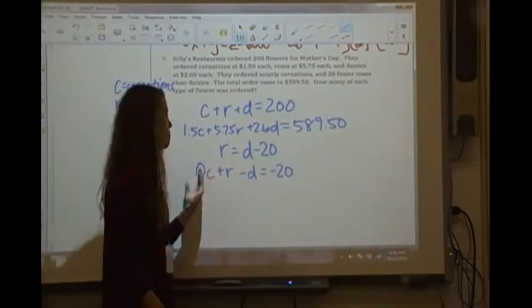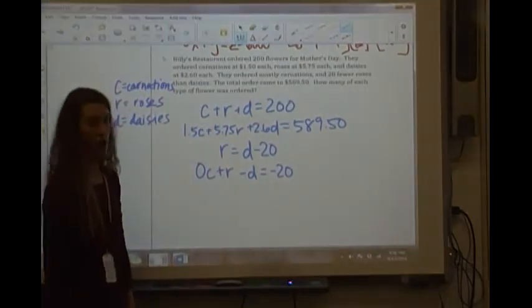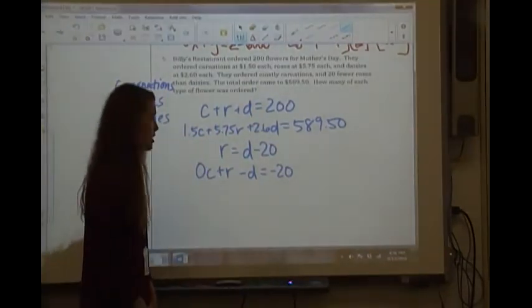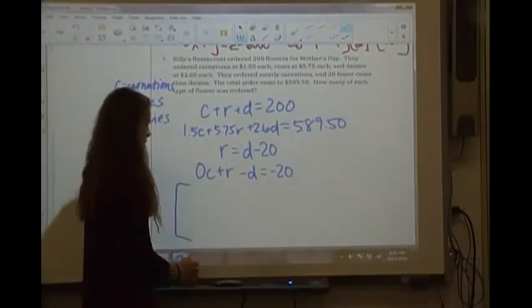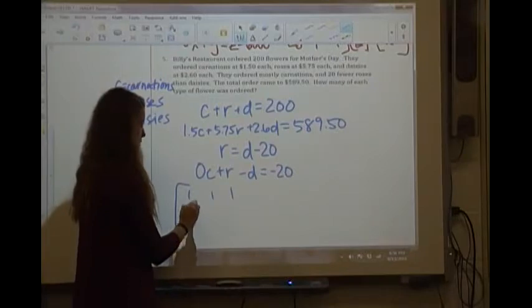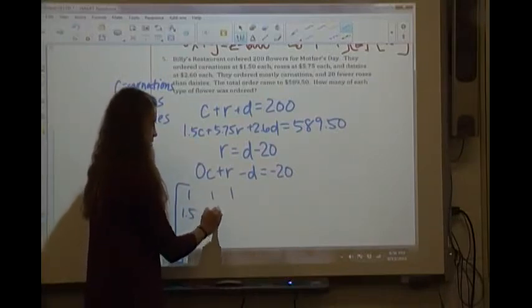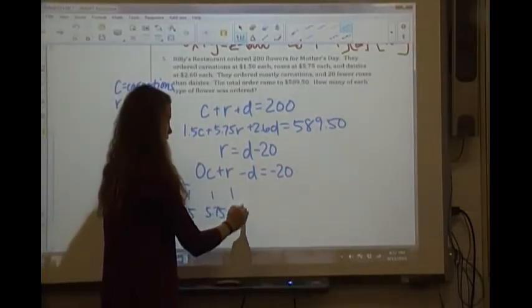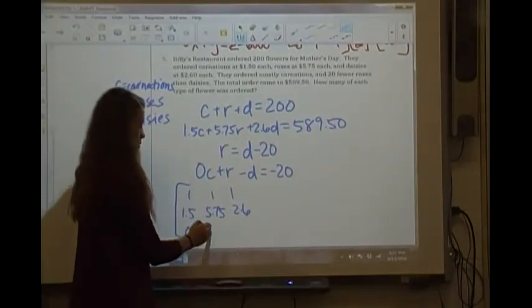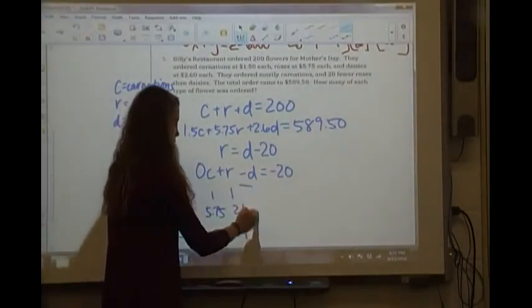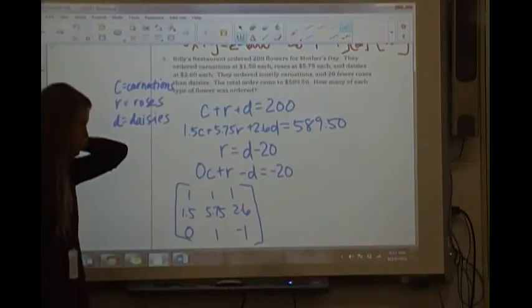So now I have my C, R, and D lined up in that column for me. And so now I can write my coefficient matrix. I have 1, 1, 1 across the top, 1.5, 5.75, and 2.6, and then 0, 1, and negative 1 for that bottom row.